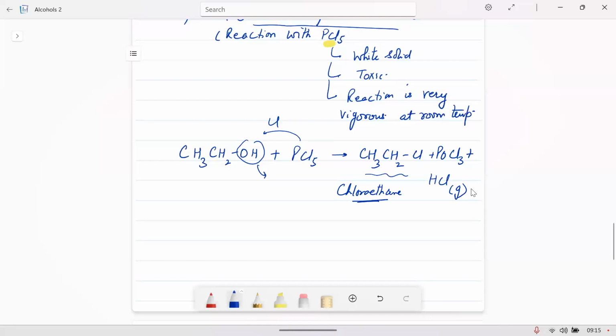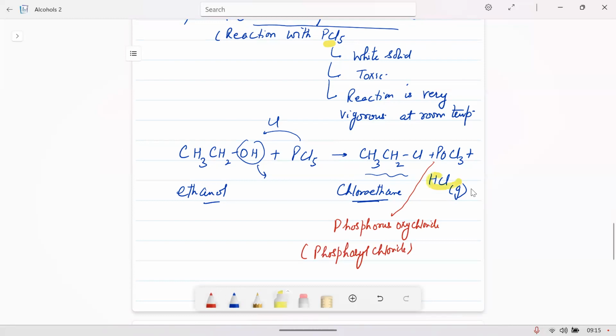This was our requirement. You started with ethanol. This POCl3 is called phosphorus oxychloride, or it is also called phosphoryl chloride.